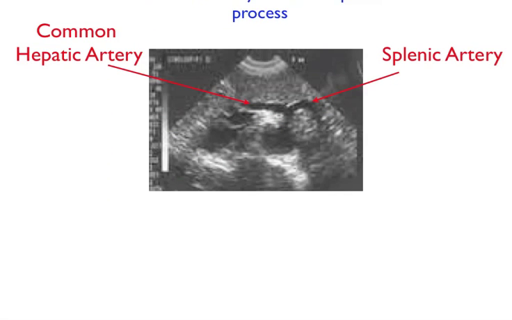Because over here are the wings of the seagull sign. That's the celiac axis just below the xiphoid process. And it looks just like a seagull with a common hepatic artery on the right and the splenic artery on the left, coming out of the aorta, right below the xiphoid process. If you go down a centimeter or two away from the xiphoid process, more inferiorly, you'll miss it.